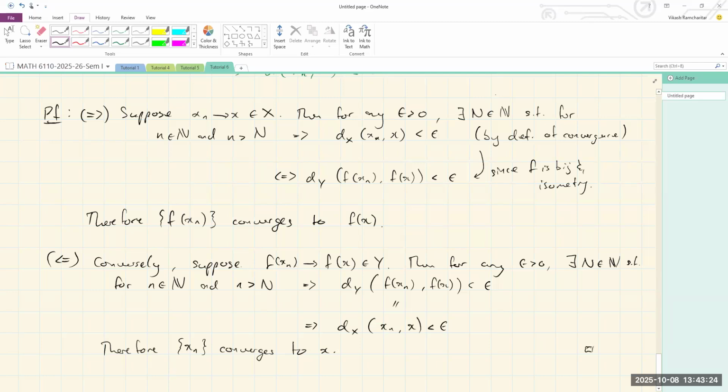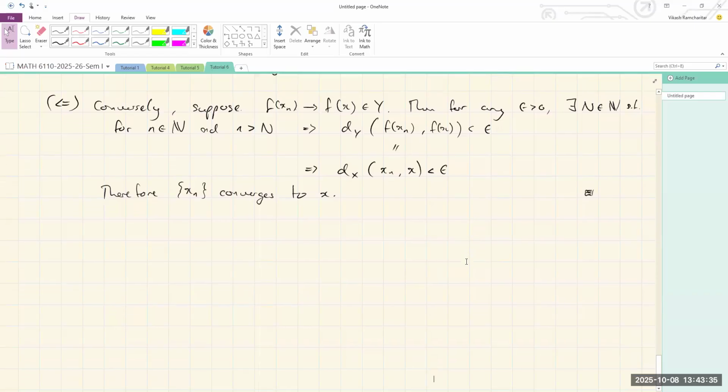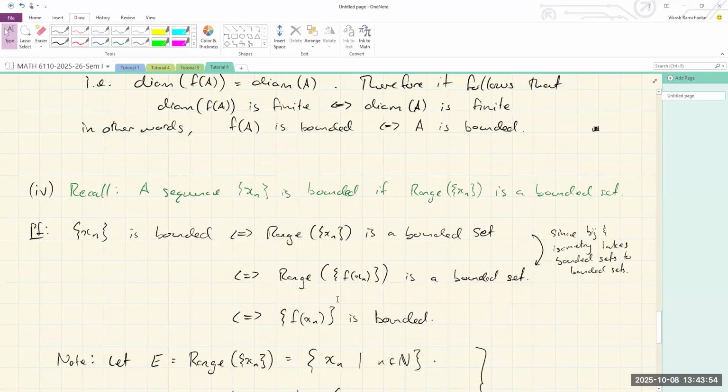So f takes convergent sequences to convergent sequences. Like I said, you could call this yn and this y. So actually, if you have any convergent sequence in Y, you could pull it back to a convergent sequence in X. What do I mean by that?